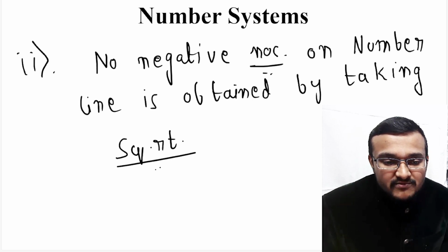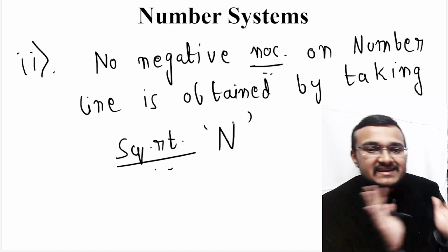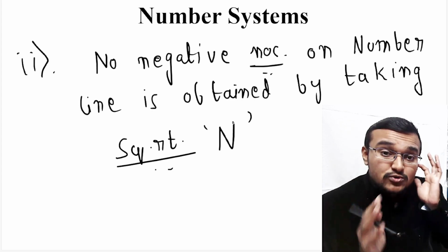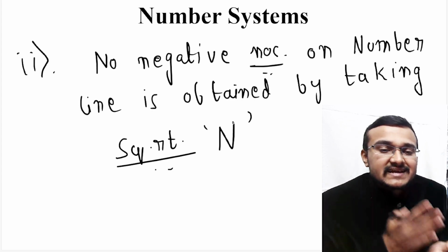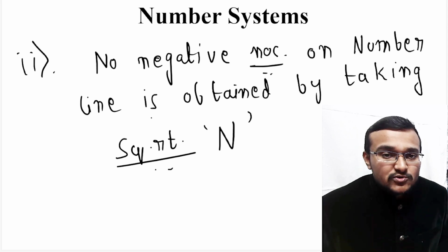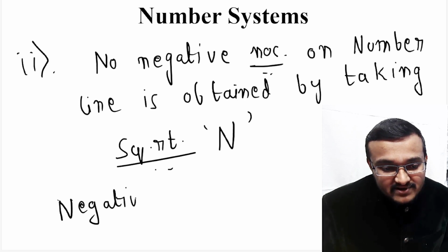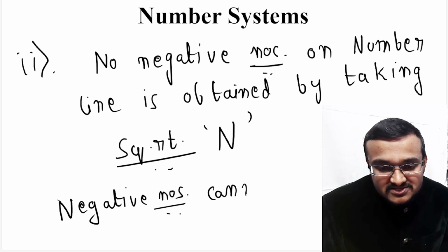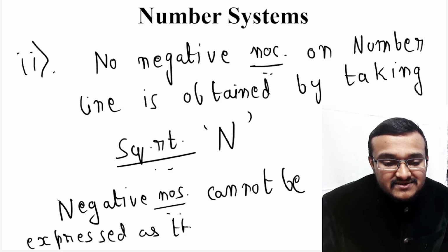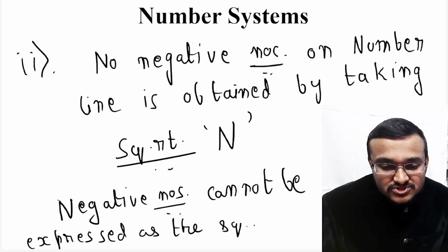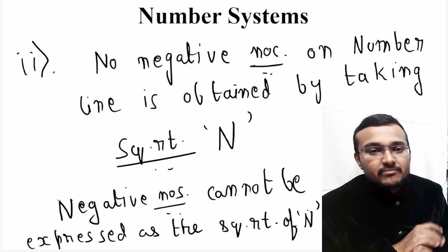So you cannot express negative numbers by taking the square root of natural numbers. Negative numbers cannot be expressed as the square root of any natural number.